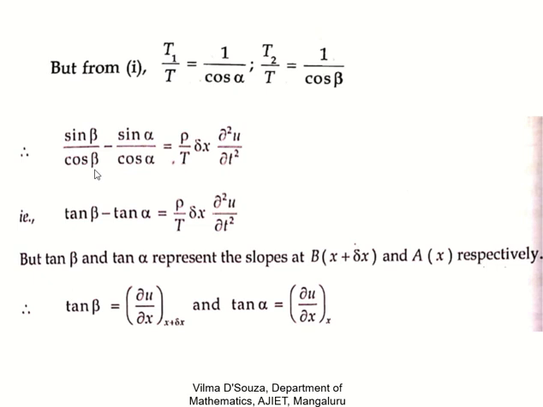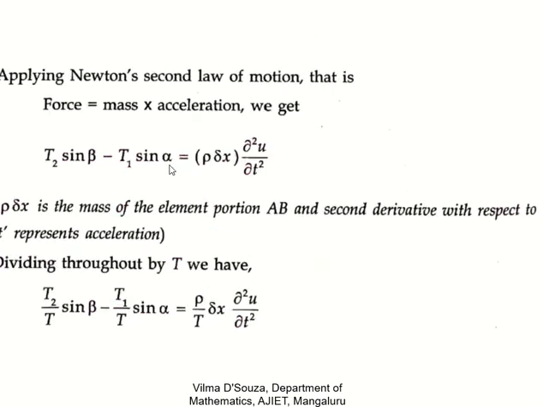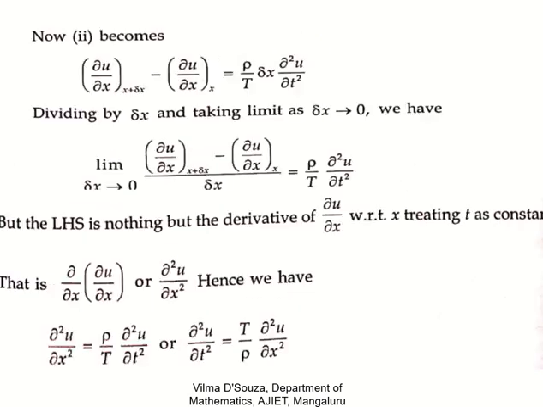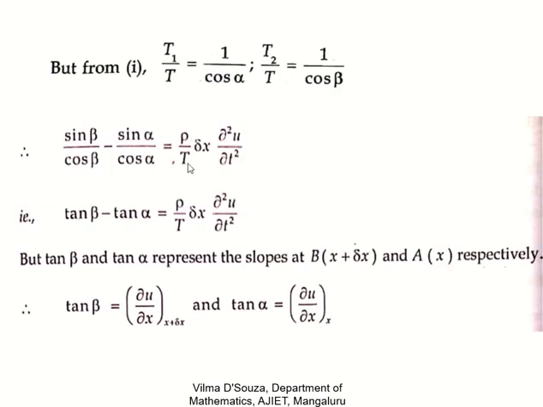Sin beta by cos beta minus sin alpha by cos alpha is equal to, the right hand side you keep as it is, rho by t delta x dou square u by dou t square.